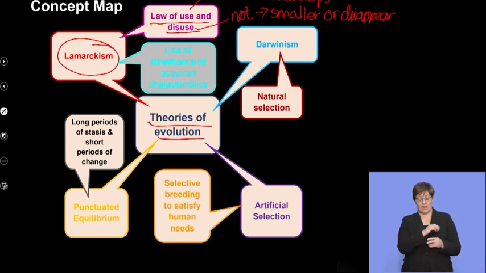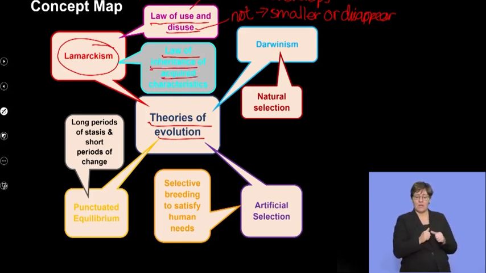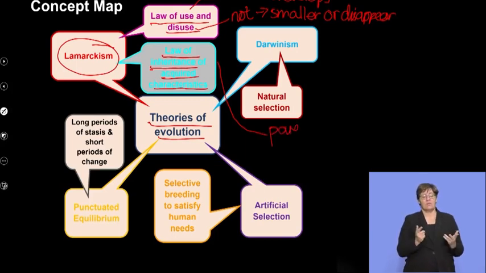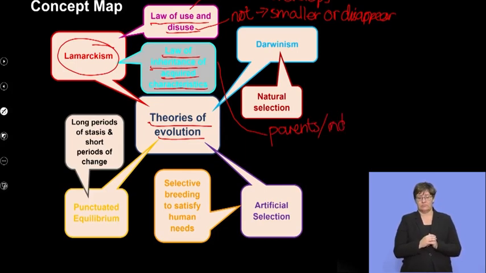All right, and then if we have a look at his second law, he said that organisms would inherit an acquired characteristic. So in other words, parents, or an individual, would develop a characteristic during their lifetime.